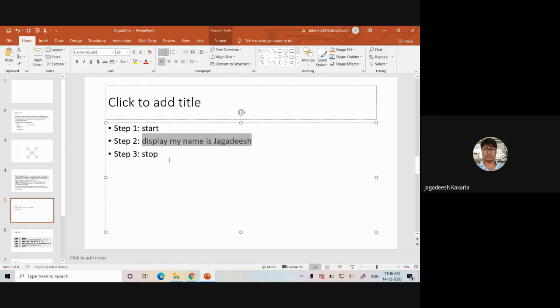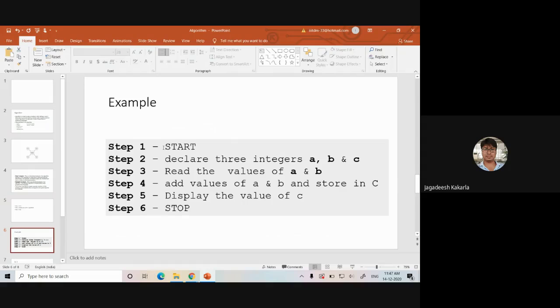All these instructions are clear in nature. Similarly, in this one: start, declare the variables a, b, c, read the values a and b. Every instruction is clear. Suppose instead of that, I write just read, only read. Is this step 3 instruction clear or not?